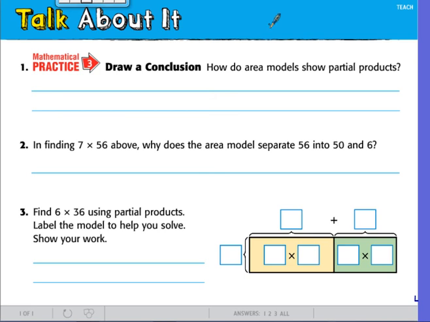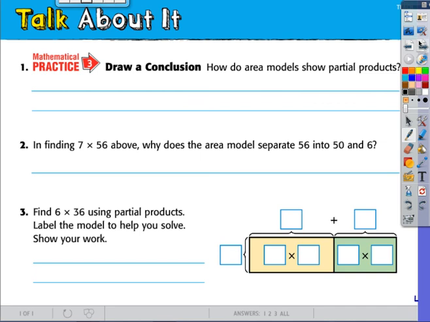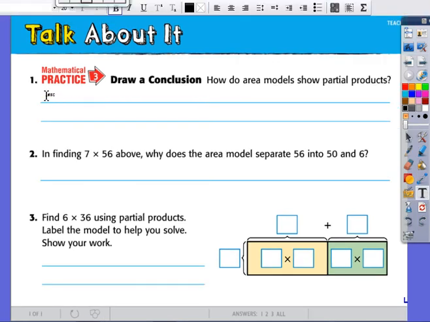Number 1, it says mathematical practice. Draw a conclusion. How do area models show partial products? So what about an area model makes it show a partial product? Don't everybody try to answer at once.